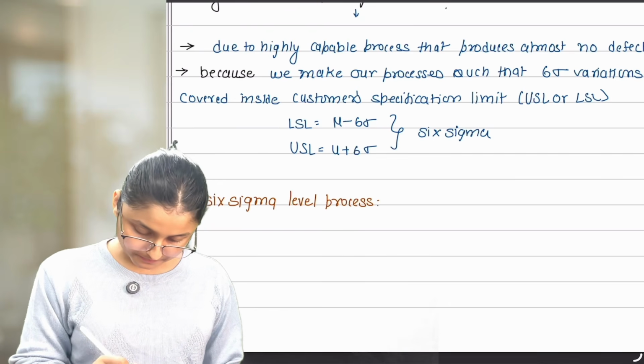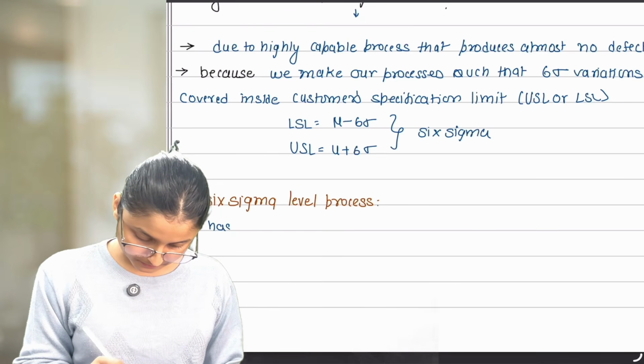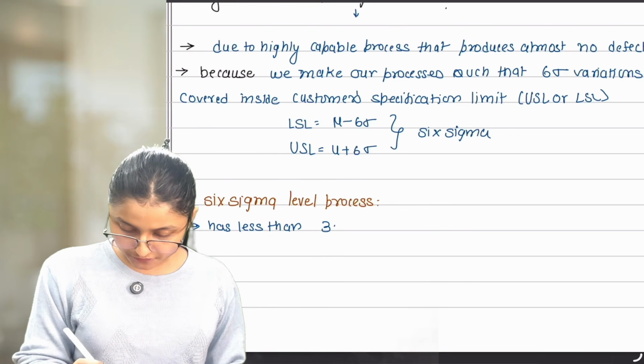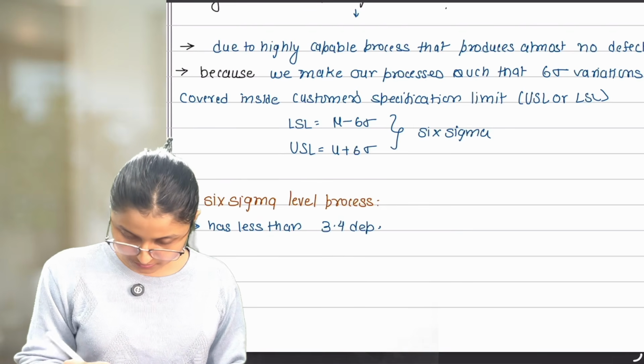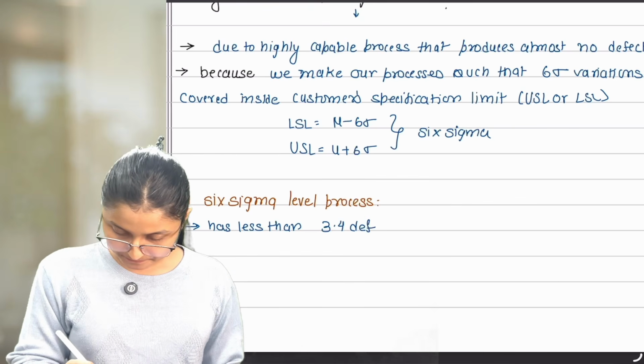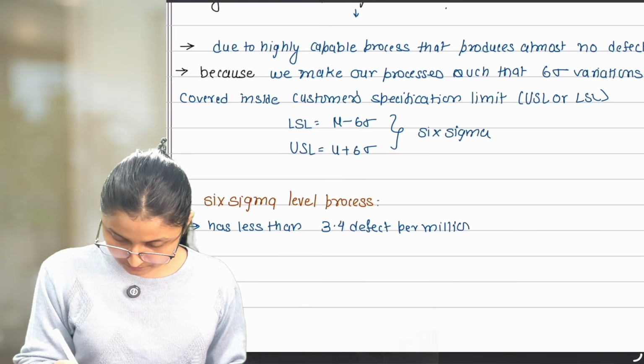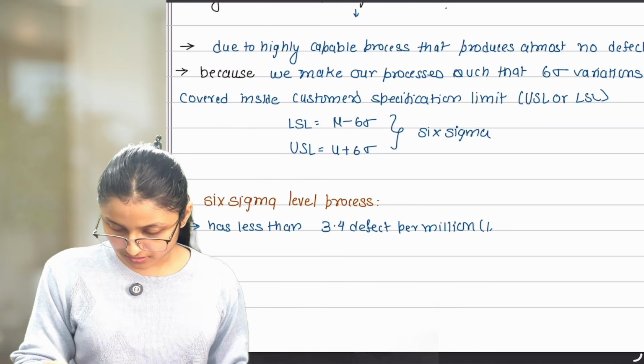Next, a Six Sigma level process has less than 3.4 defects per million opportunities. Million is 10 lakh.